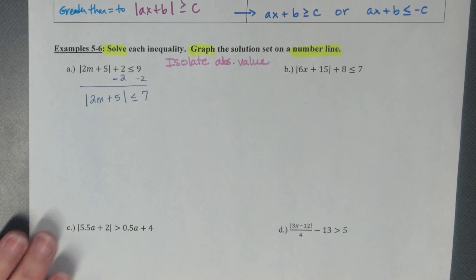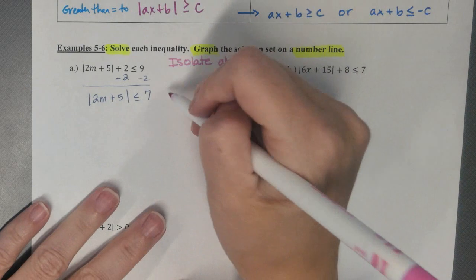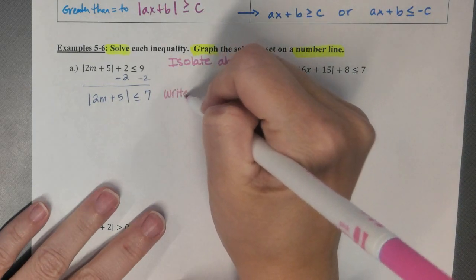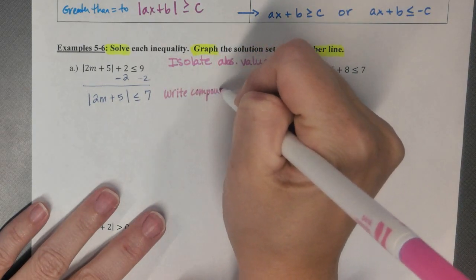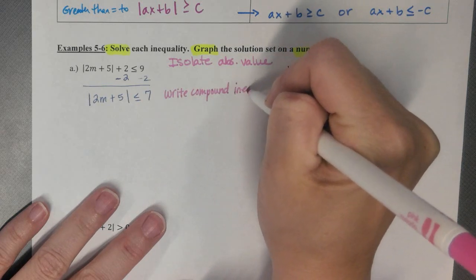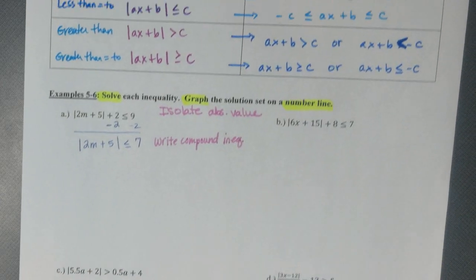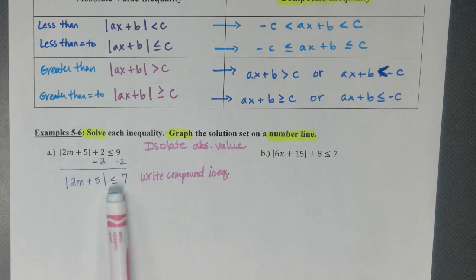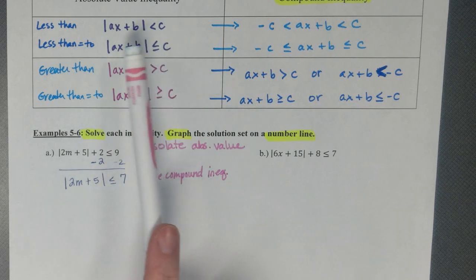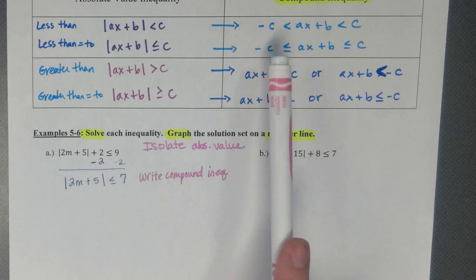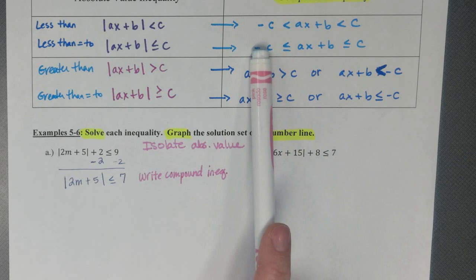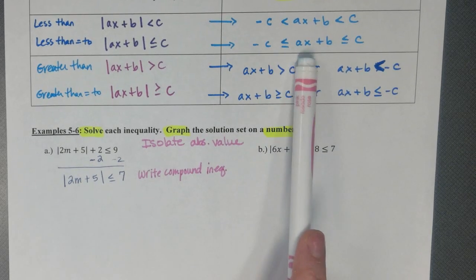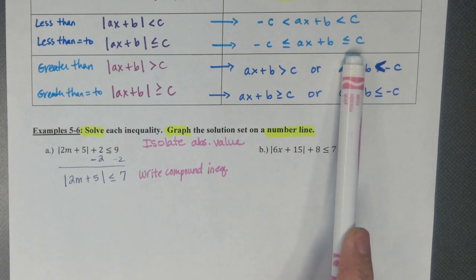Then I'm just going to use my table to write the compound inequality. If I'm looking at my chart, this is the less than or equal to. So I have this case here, and that means I can write this as negative c is less than or equal to ax plus b, less than or equal to c.